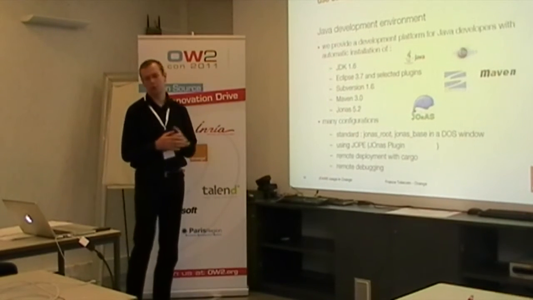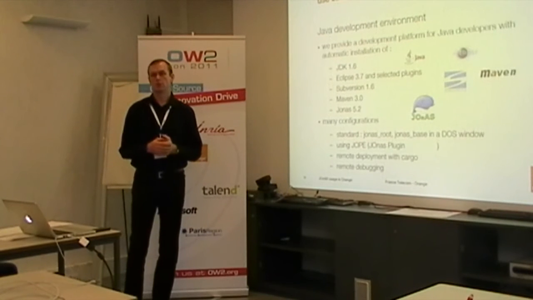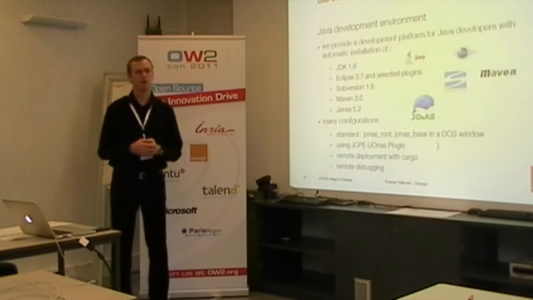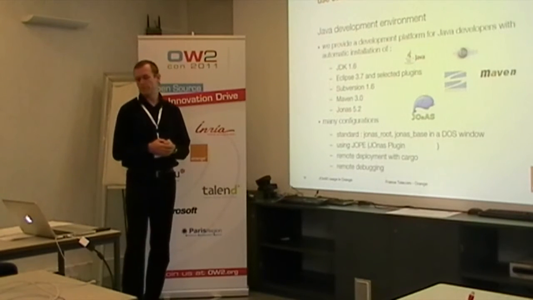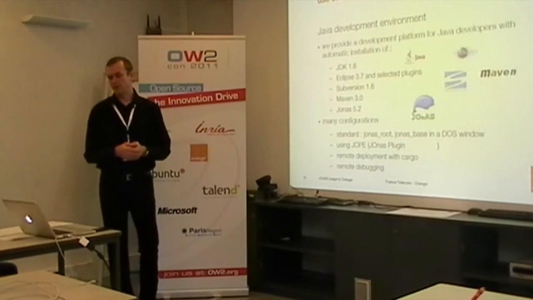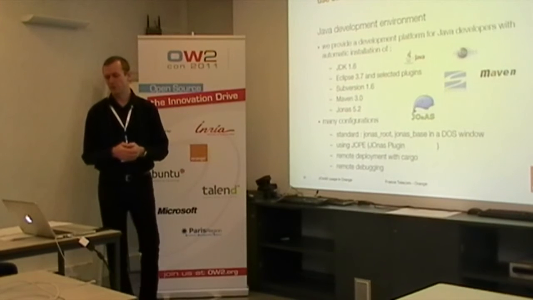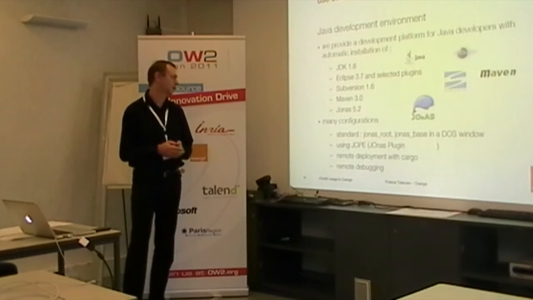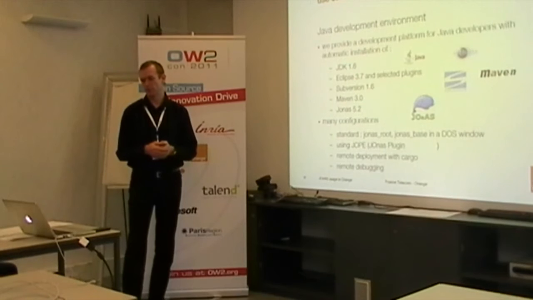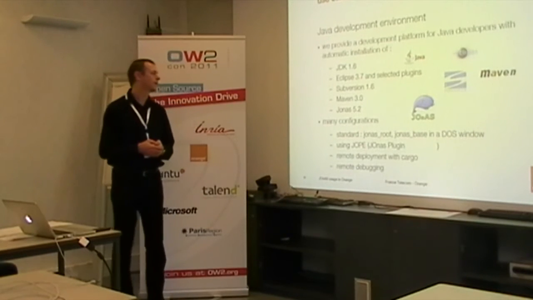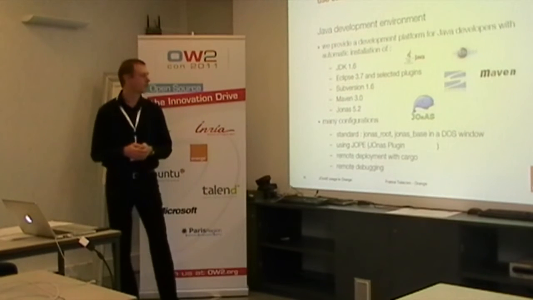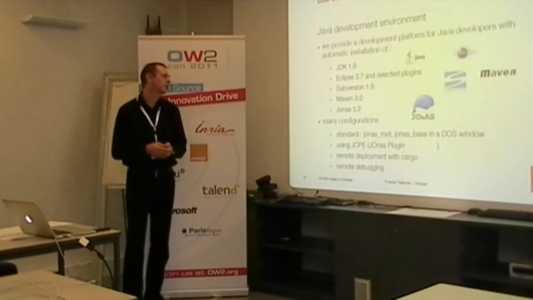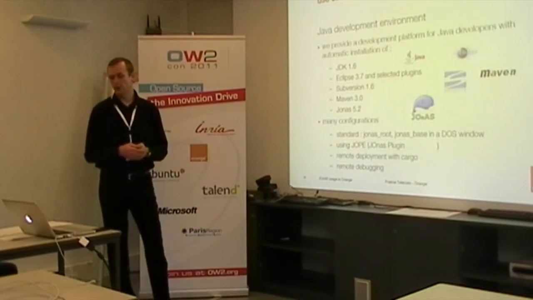So running on our eBureau PCs, running on top of Windows. In this installation we have Eclipse, Subversion, Maven, and JOnAS. All this is installed on the PC, and the developer can choose between many configurations.